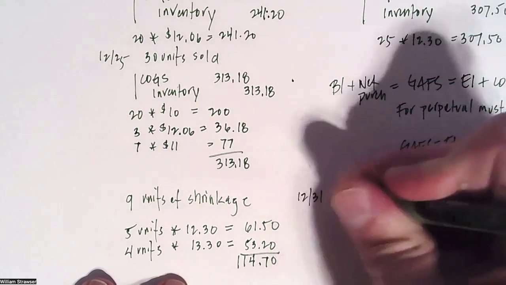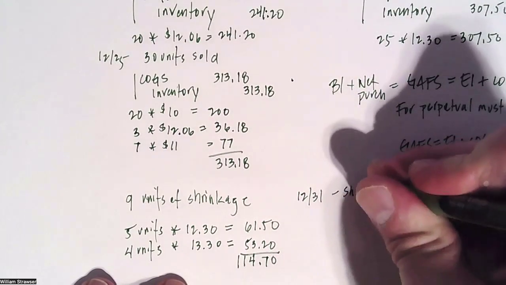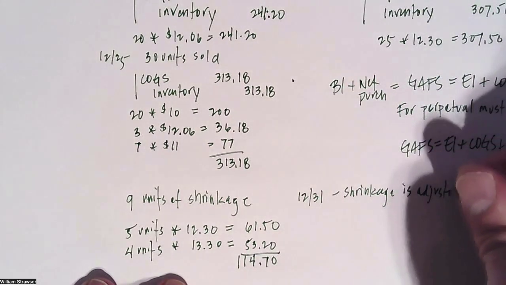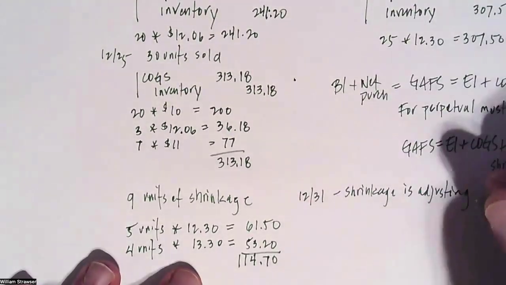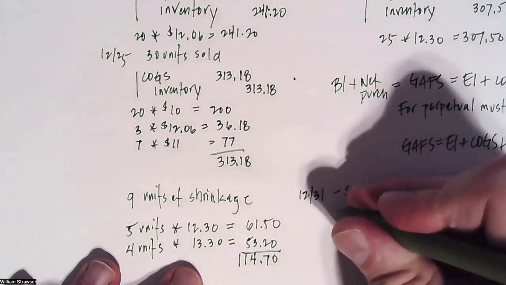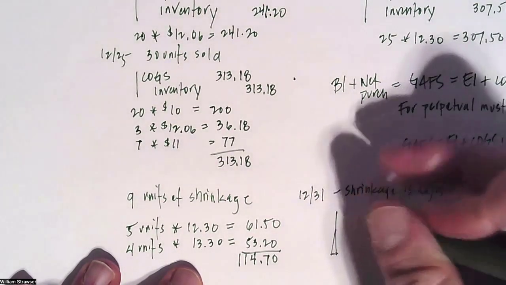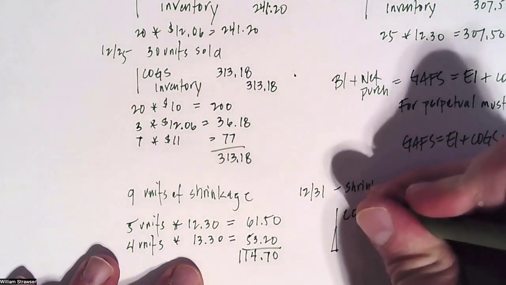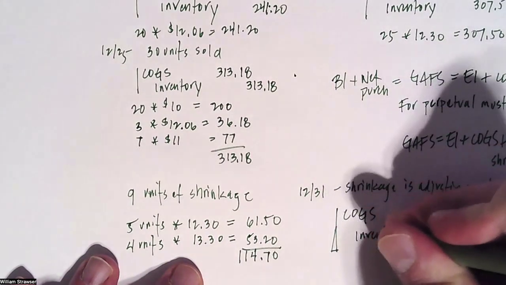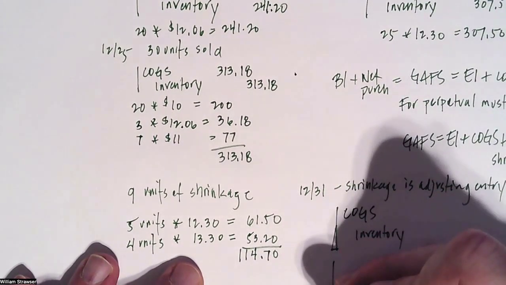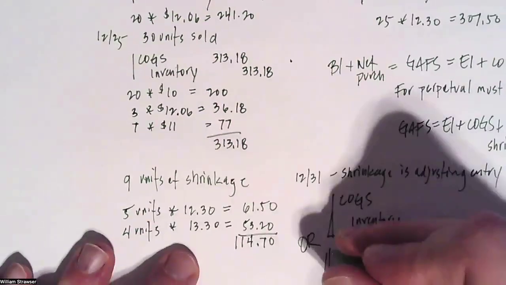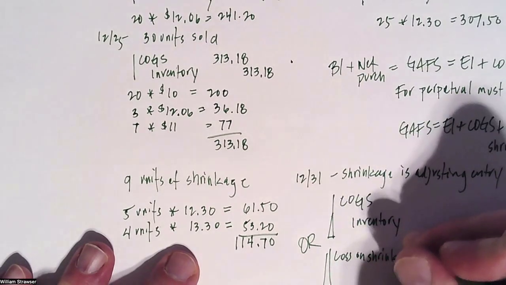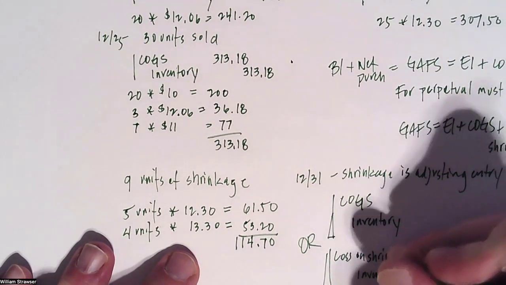So how am I going to record shrinkage? First, remember, shrinkage is an adjusting entry. So that adjusting entry, most companies are going to embed it in cost of goods sold, just like periodic did. But you really have two options. You can just call it cost of goods sold in inventory. Some companies do that. If they do it, then they have to disclose it in footnotes, or it's a loss on shrinkage, and a credit to inventory.